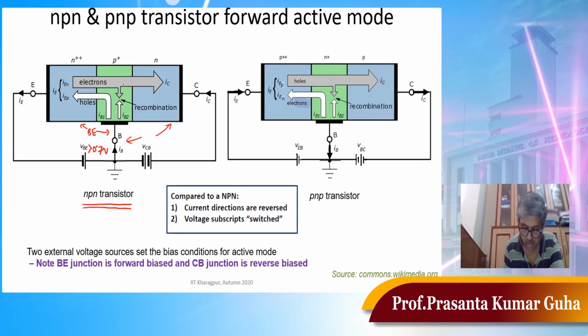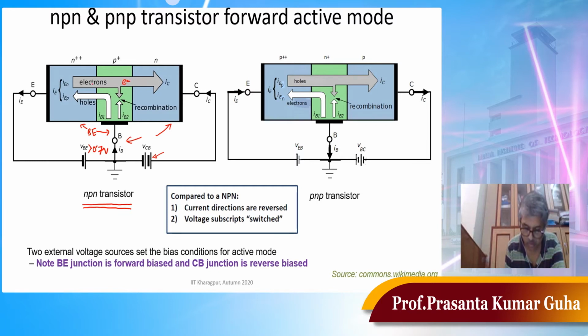The rest of the electrons which come closer to this base collector junction will be able to cross it. This is because these electrons closer to this junction will feel attraction from the positive terminal of the battery, and they will basically be drifted to the collector, right?